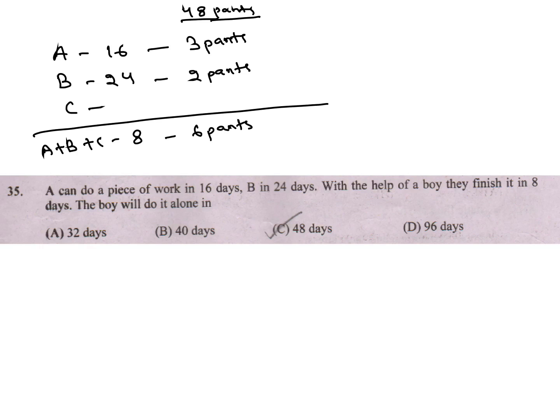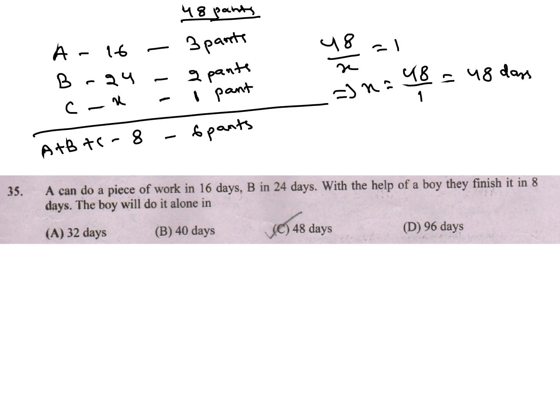So 1 into 48. Let the boy do it alone in X days. So 48 by X equal to 1 part, and X equal to 48 by 1. So 48 days. This is the answer. Within 30 seconds you can answer this question.